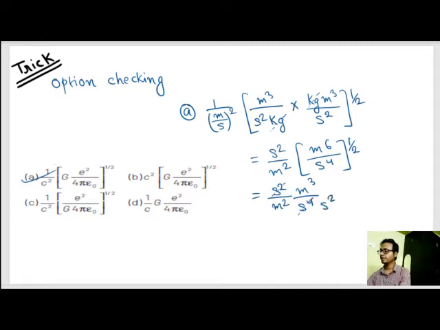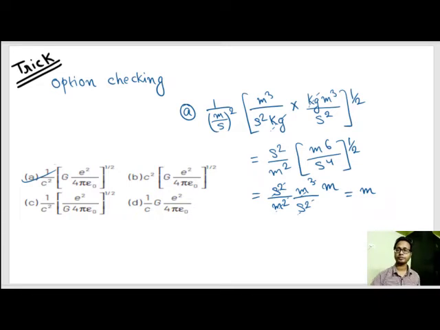Okay, I found a little bit of error. S to the power 4 square root is s square, so therefore s square and s square get cut. See, even I performed silly mistakes. So apply the methodology as much as possible. After that, if you have enough practice, go to simply option checking. Okay, so option number A is the correct answer.